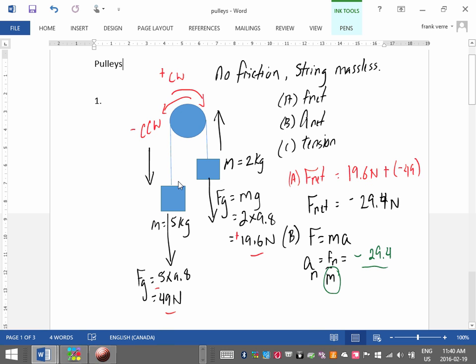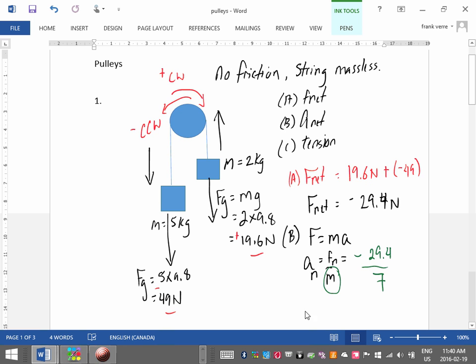Now, what would we use for the mass? Let's think about these. These two things are connected through a string. So it makes sense that we're going to think about the acceleration of the whole system, so that would be the whole mass. We have to think about not just one mass, but both of them because they're stuck together.